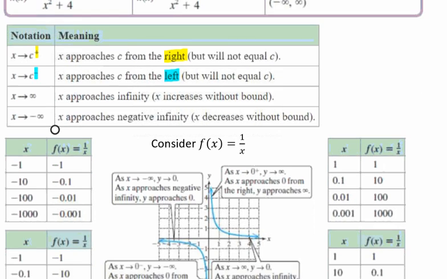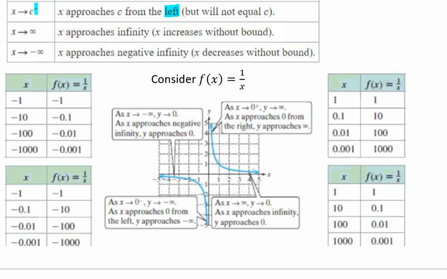Let's take a look at a little example to help us out with this. Consider f of x equals 1 over x. That's the equation that we're looking at right here, and we can see that it's graphed in the blue line. Notice that as x is approaching negative infinity, so as x is going this direction, what is the y doing?